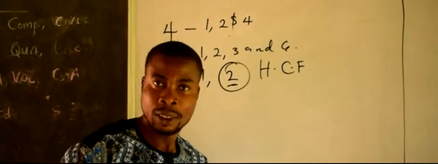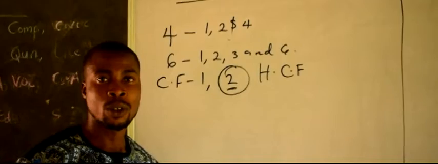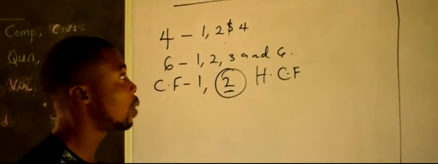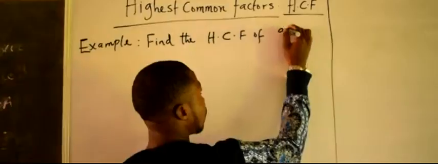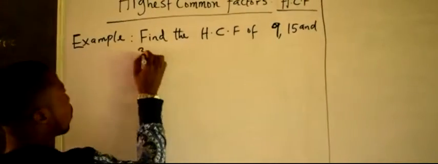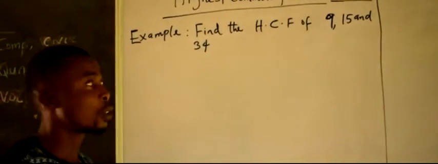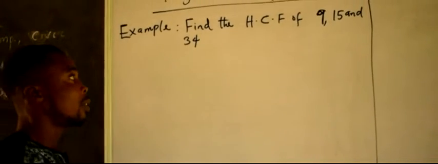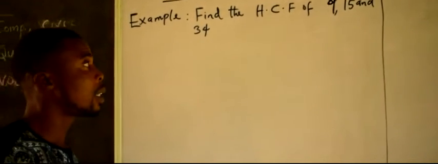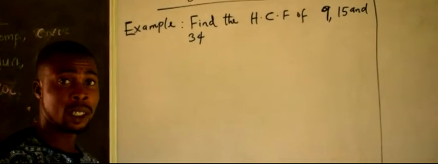Let's take a look at this example. If you want to get the highest common factor of 2 or 3 numbers, for instance the H.C.F of 9, 15, and 34, starting by listing the factors of 9 will take us a long time.